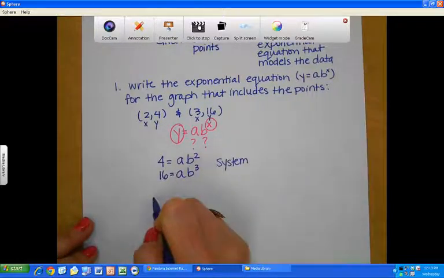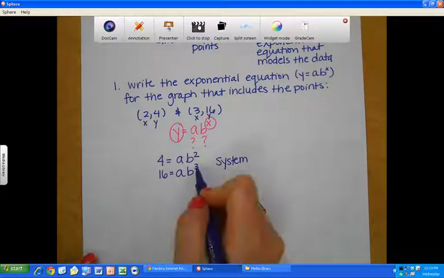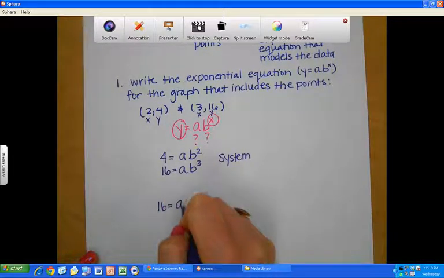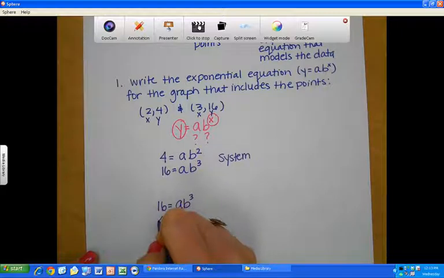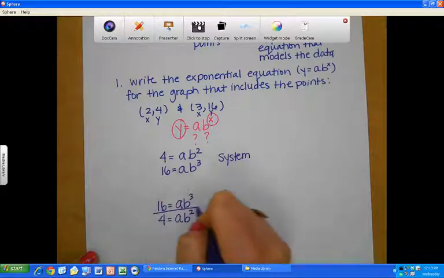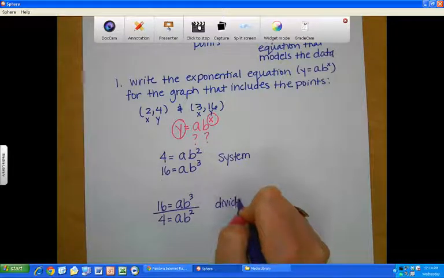If you take these 2 equations and put them so that the larger exponent of b is on top, so I have this and this, and I take these 2 equations and I divide them, okay?